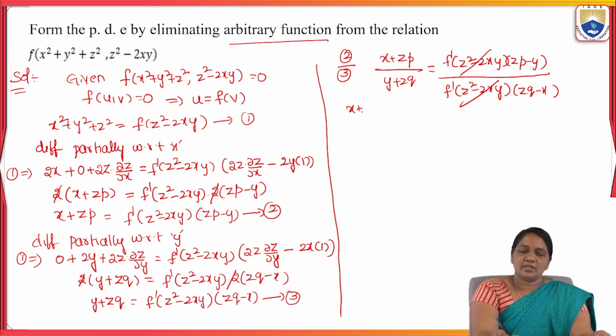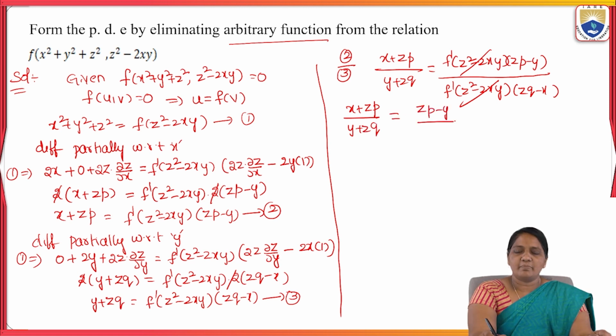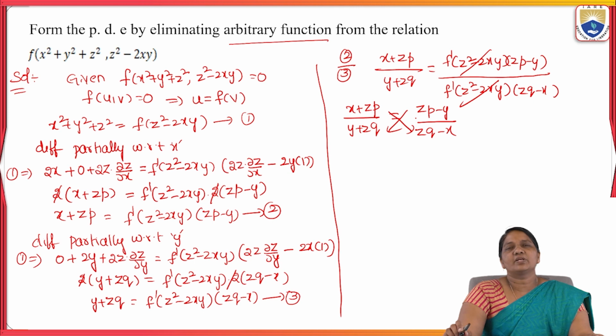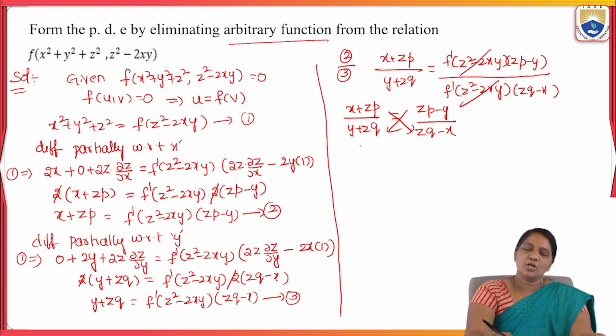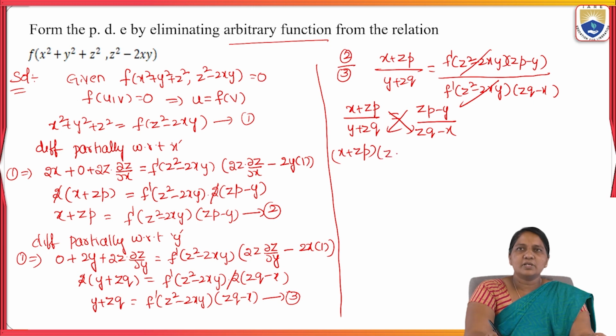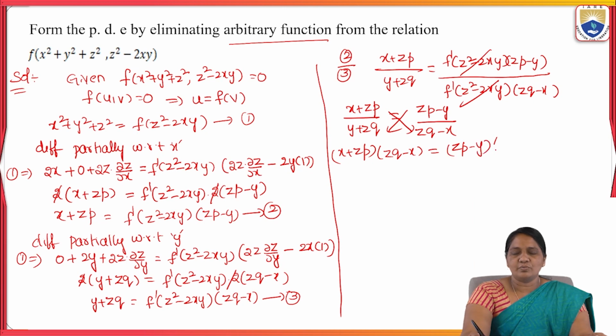So finally I am getting x plus zp by y plus zq is equal to zp minus y by zq minus x. Now I am doing the cross multiplication to get the equation form here. So x plus zp into zq minus x is equal to zp minus y into y plus zq.